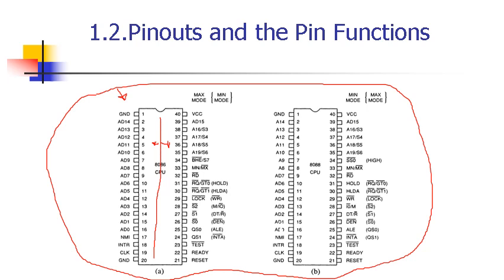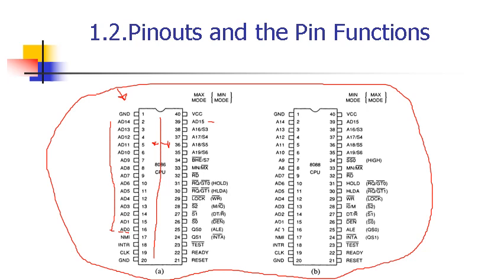We know that the 8086 data bus is composed of 16 bits. This is why we have here AD0 through AD15, which means that we have 16 pins multiplexed between address and data.